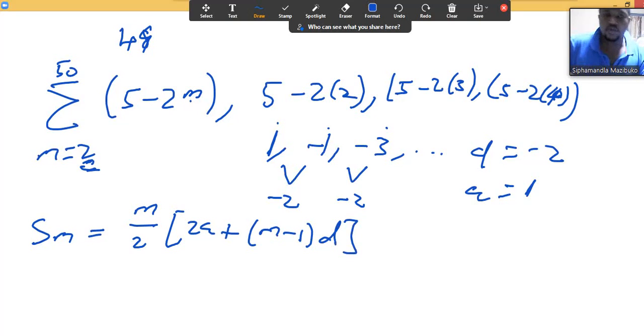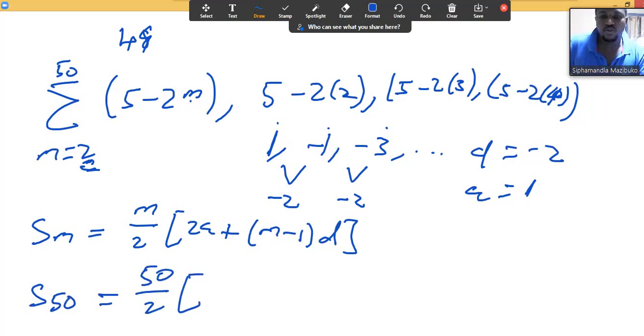But now we want to find the summation of 50, so we want to find S50. We have 50 over 2, so we can say we have 25 here, and then 2 times our first term, which is 1, we already know that, plus 50 minus 1 times minus 2, that is our difference.